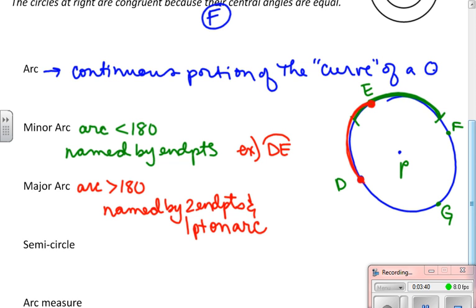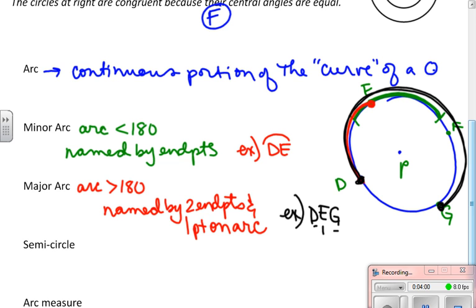So if I go over to my picture here, for example, and I start at D and I go all the way around to G, that's clearly more than 180 degrees. And so I could call that arc D, E, G, endpoints and a point on, or I could call that same arc D, F, G. The key is the endpoints and then any point in the middle.